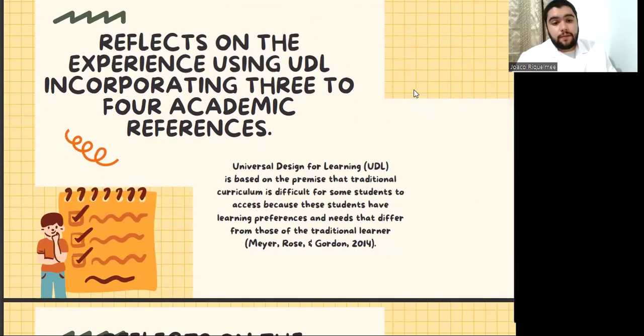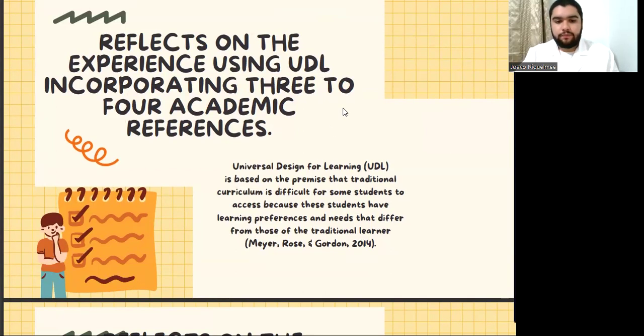Then we have my first academic reference, which is Universal Design for Learning. UDL is based on the premise that the traditional curriculum is difficult for some students to access because these students have learning preferences and needs that differ from those of the traditional learners.